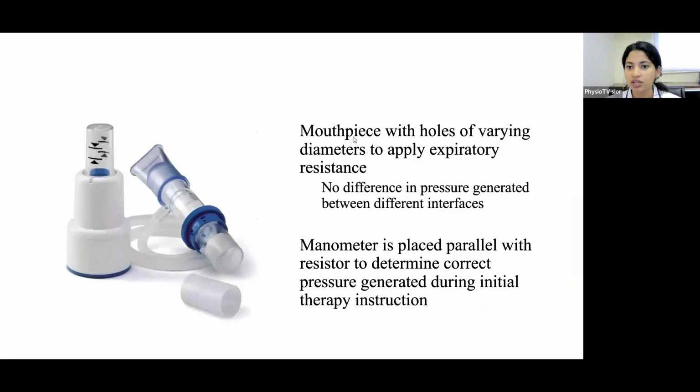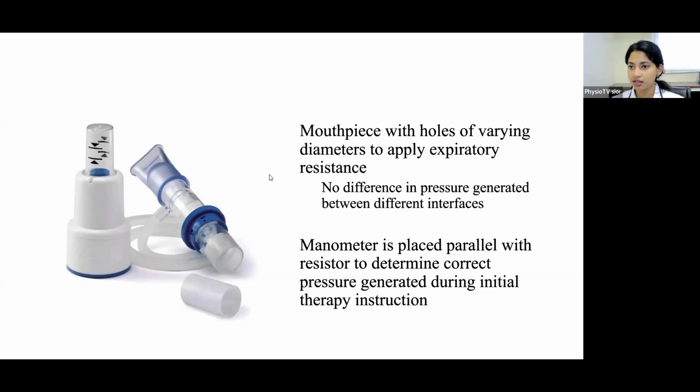Here in the mouthpiece, we'll have varying holes or varying diameters of holes, which will offer an expiratory resistance to the flow, and there is little or no difference in the pressure generated between all the different interfaces of the system.